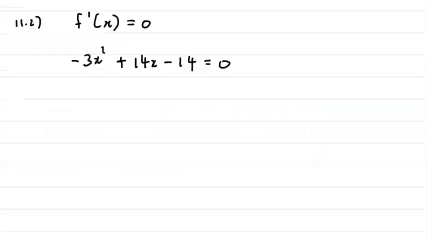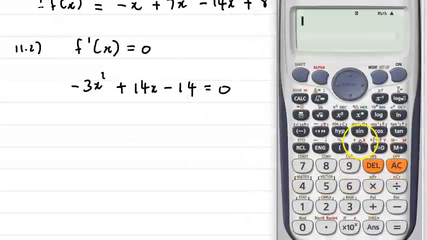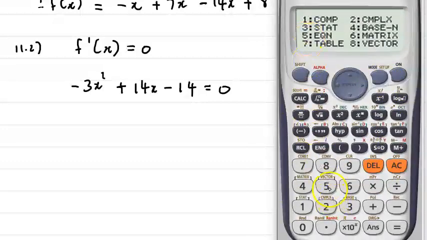Now when it comes to factorizing a quadratic equation, if you look at it now, if you got minus 3, plus 14 and minus 14 as your values for a, b, and c, in the examination, I suggest you use the quadratic formula to get your values for x.